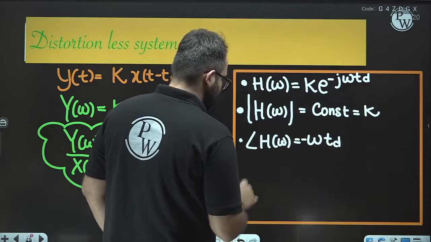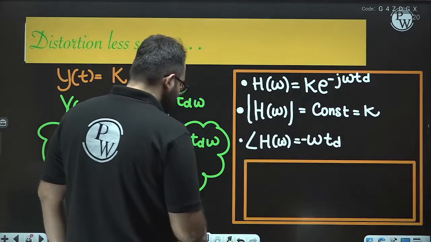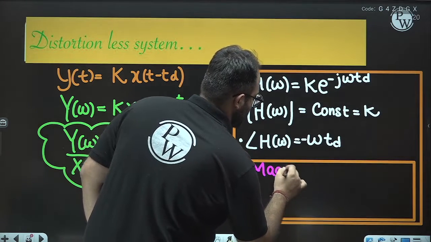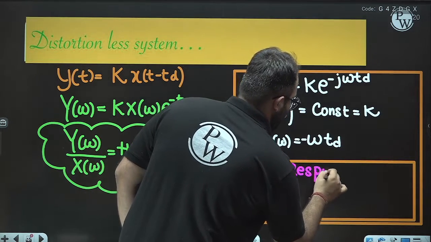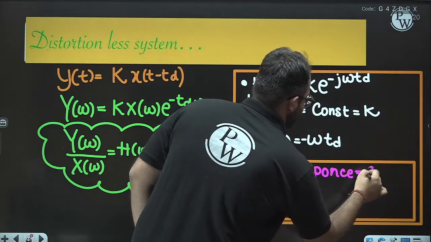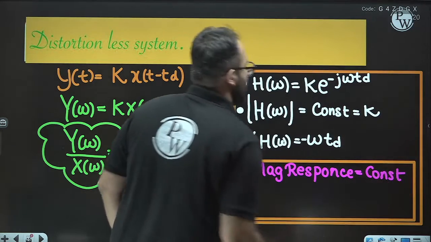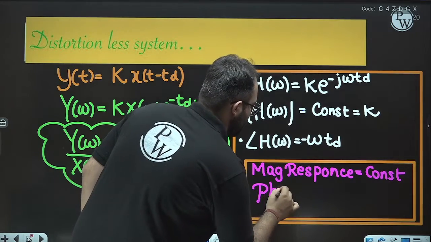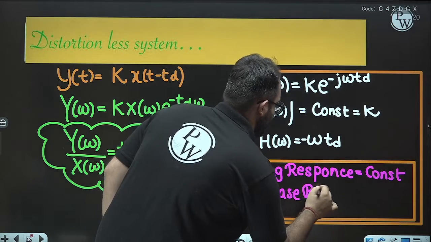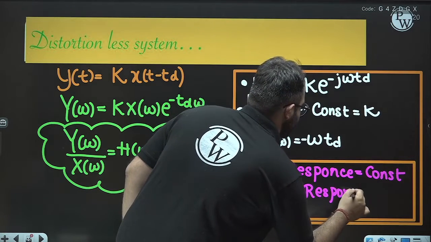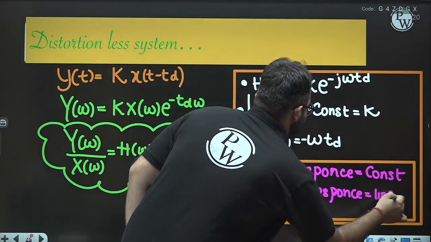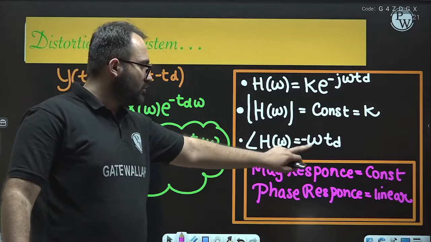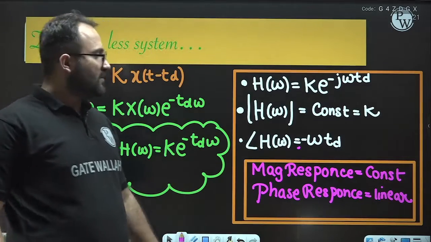So remember that the magnitude response is constant but the phase response is linear. Linear means it is proportional to omega, and the magnitude response is a constant.